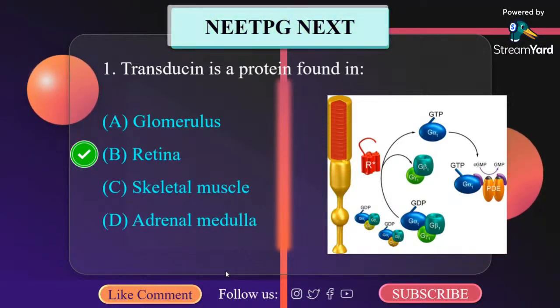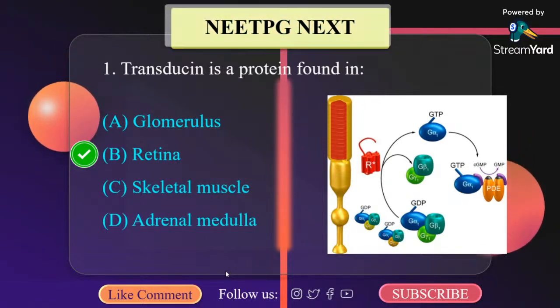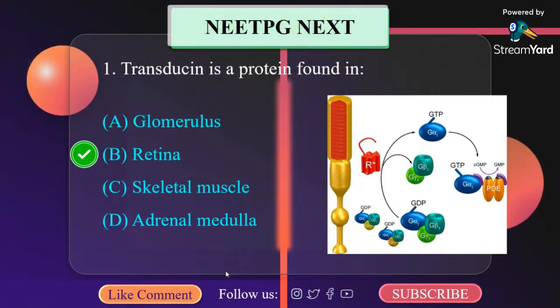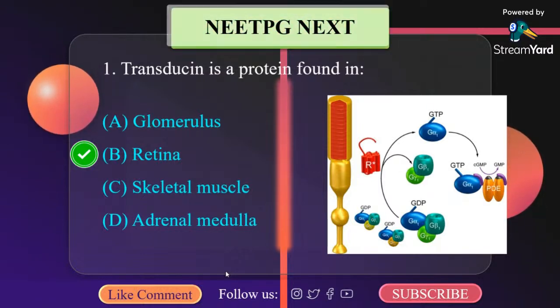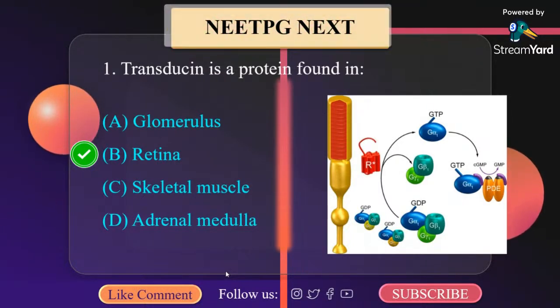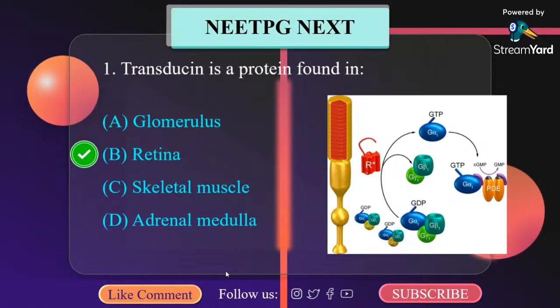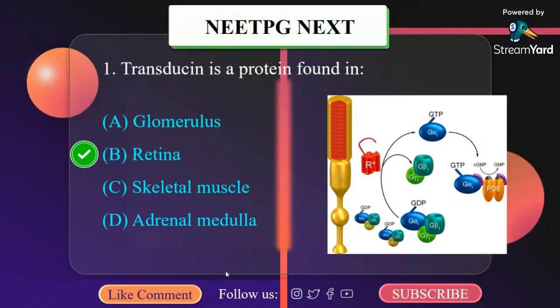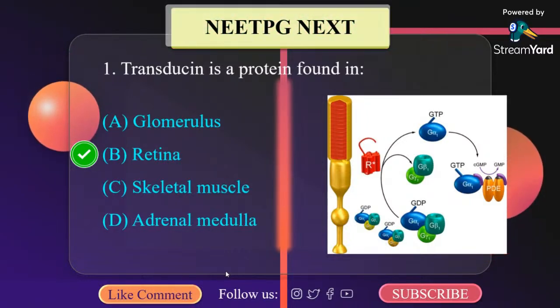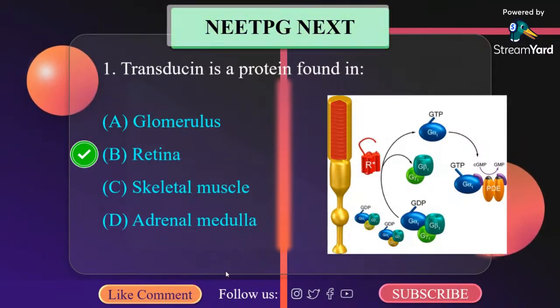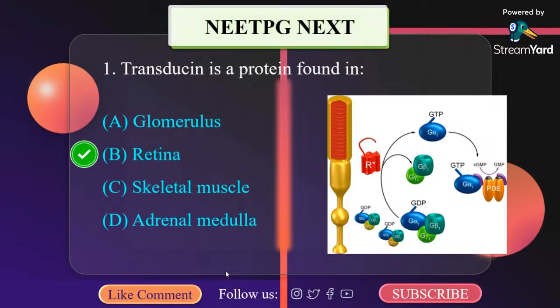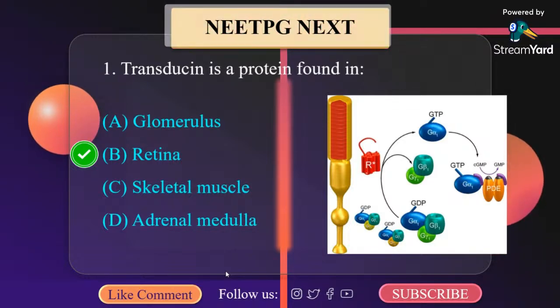Now, this decrease in cGMP concentration leads to closure of cGMP regulated Na+ and Ca2+ ion channels and a hyperpolarized membrane potential. This chain of signaling events is also called the vertebrate phototransduction cascade. So this transducin is a protein which is found in the rods and cones of retina. So the correct option here is B.